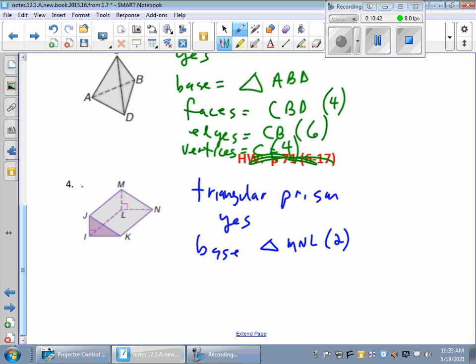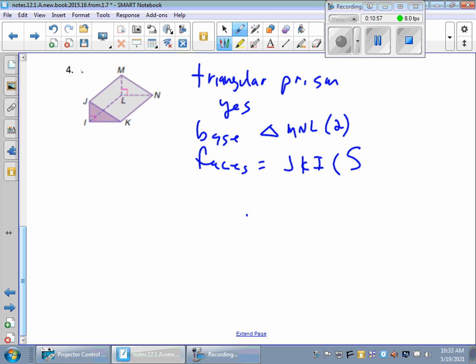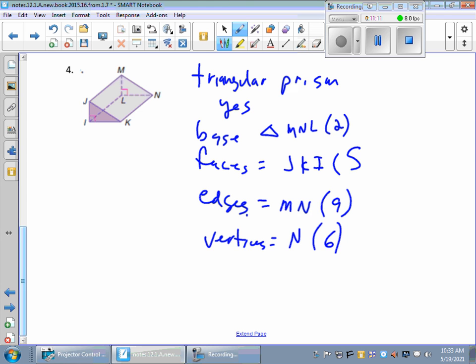Your faces here, we could go with JK, and there is a total of 5. Go to edges, so MN, and there is a total of 9. And vertices, count just your letters, and there's a total of 6. Great job, folks.